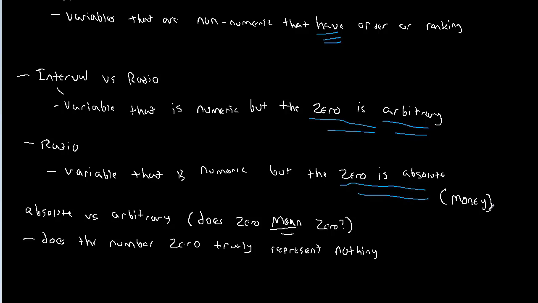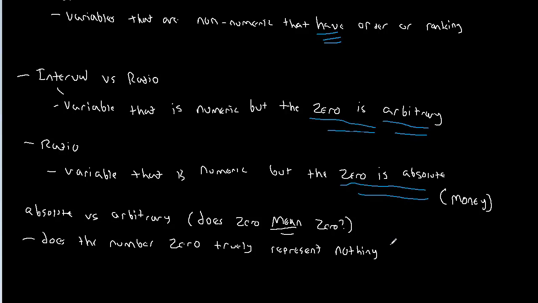So let's talk about variables that are arbitrary, if the value does not truly mean nothing. Some good examples of this are temperature. If we think about temperature measured in degrees Celsius, for example, water freezes at 0 degrees Celsius.